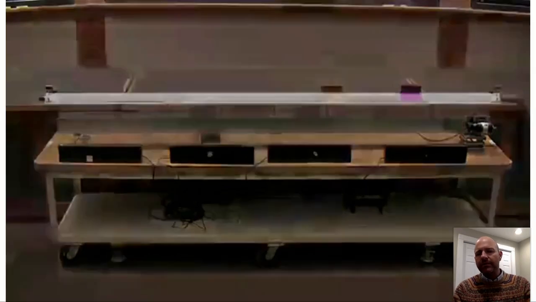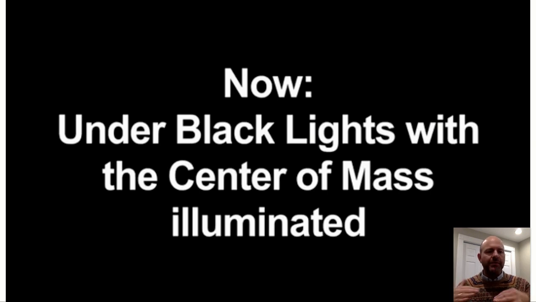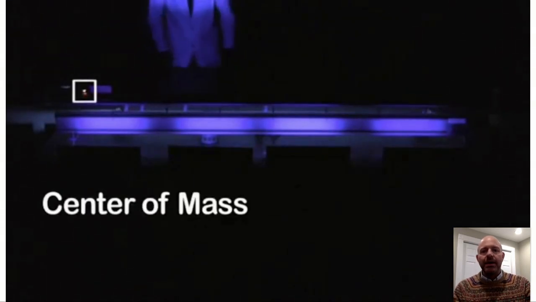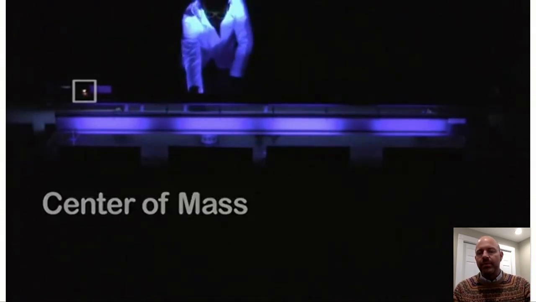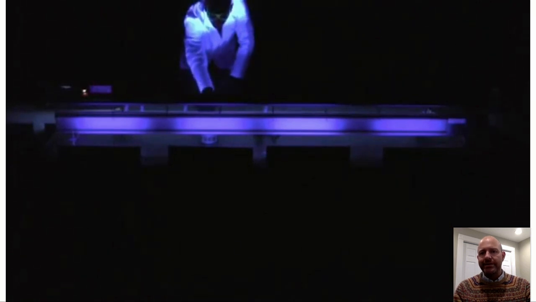The next part of this, they're going to turn off the lights, and the bead in the middle, that center of mass, will glow. It's that little dot under black light. And so when they turn on the air track to watch it go, if we just watch the center of mass, you will notice that the center of mass is moving at a constant velocity, even though the two different sides and parts of that are actually speeding up and slowing down.